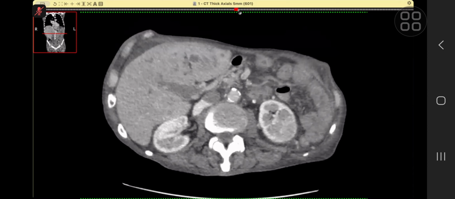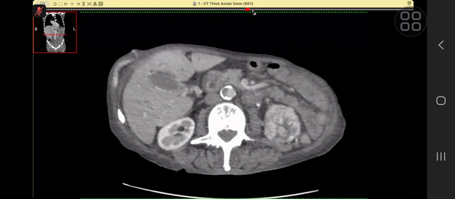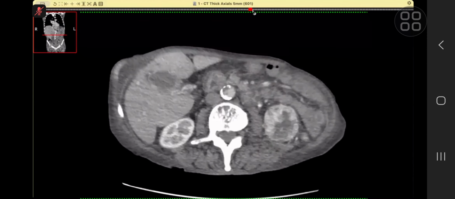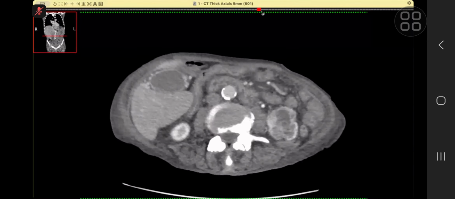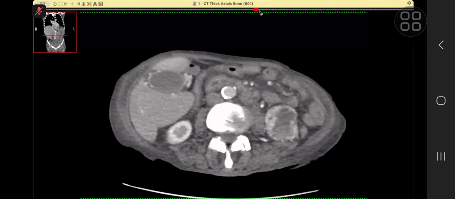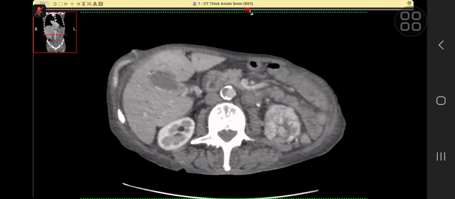And so there is evidence of another well-defined heterogeneously enhancing lesion seen involving the lower pole of the left kidney. I'm sorry, I missed it at first go. Based on the pattern of enhancement, this bald type lesion is likely suggestive of an RCC, renal cell carcinoma.